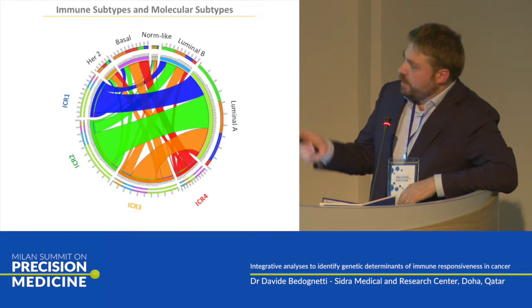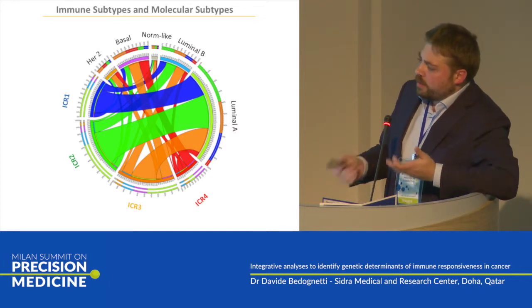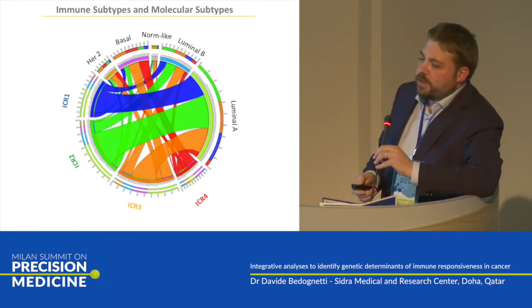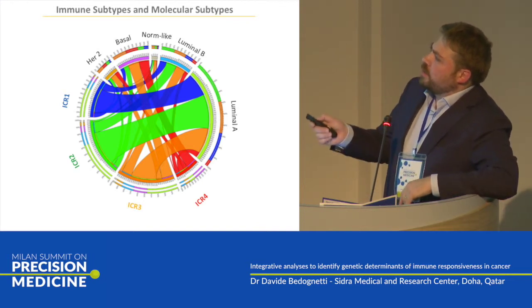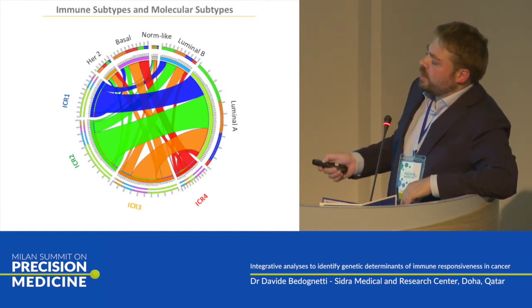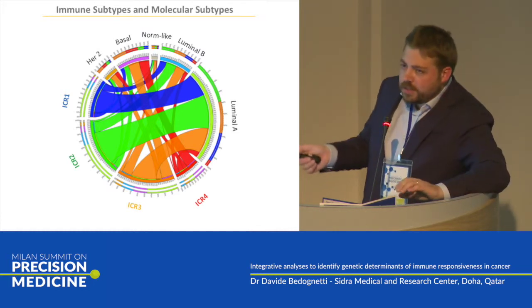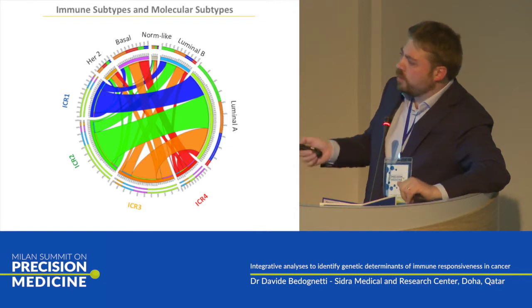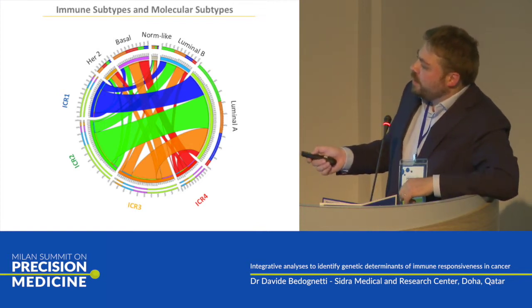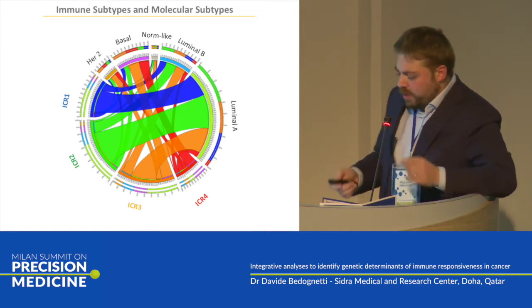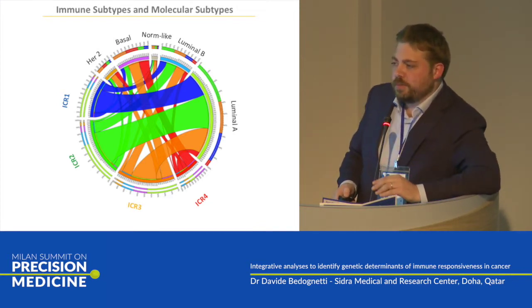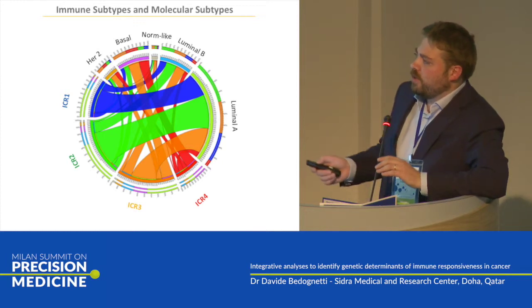So what about the different intrinsic molecular subtypes? We know that breast cancer is a very heterogeneous disease. And not surprisingly, we observed that ICR4, again the T helper 1, hot, Th1 inflamed tumor, is enriched for basal-like. We know that basal-like, triple negative tumors tend to have higher levels of lymphocytes.